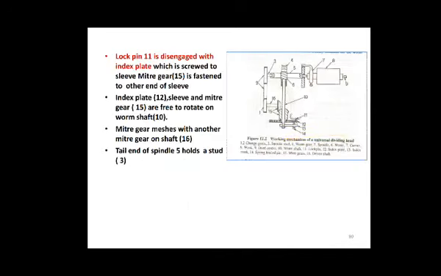So here you can see the lock pin is disengaged from the index plate, which is screwed to the sleeve. Meter gear is fastened to the other end of the sleeve. Index plate, sleeve and meter gear are free to rotate on the worm shaft. Meter gear meshes with another meter gear on the shaft at the tail end of the spindle stud.